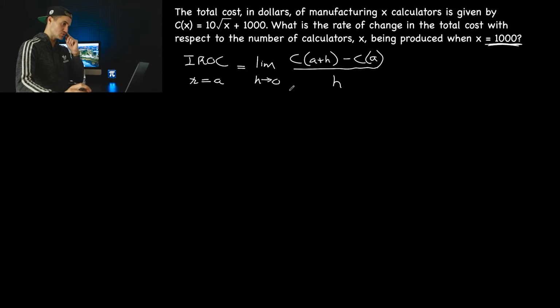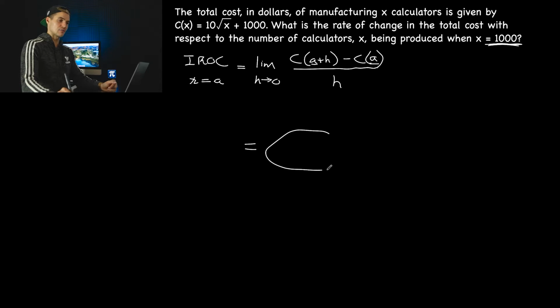So there's actually two different ways to do this, and I went through this in the lecture videos as well. What we can do is we could keep it general first, so not plugging in the 1,000 yet for a, just keep it general in terms of a, and then we would end up with some kind of function for the instantaneous rate of change in terms of a, and then we could plug in that a value at the end, that 1,000.